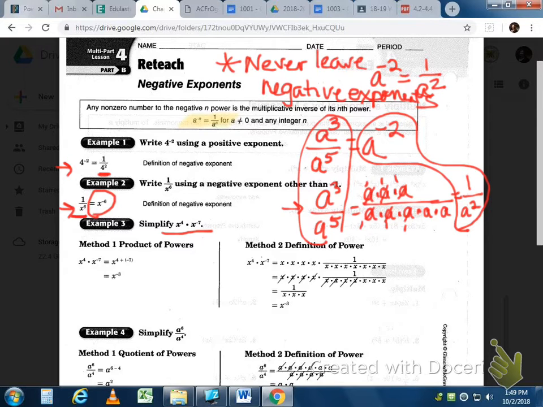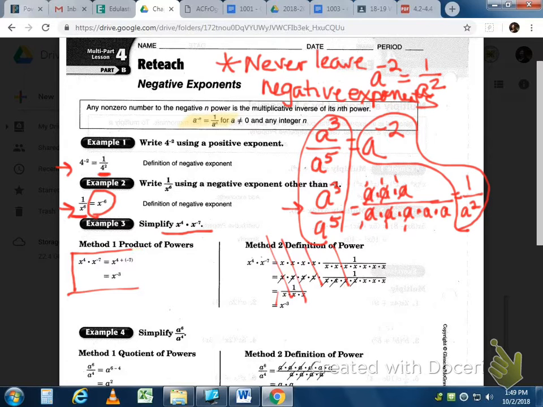And I want you to write this problem down. It says x to the 4th times x to the -7. We're not going to do this one, so don't write this one down. X to the 4th times x to the -7. Using yesterday's rule, it's x to the -3. But you have to go one step further.